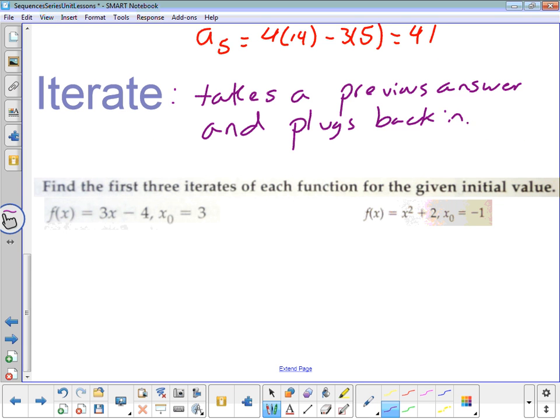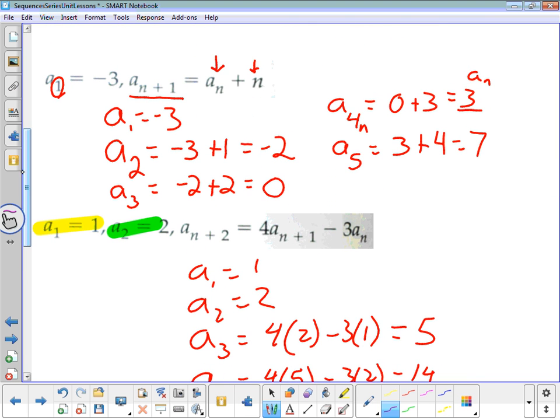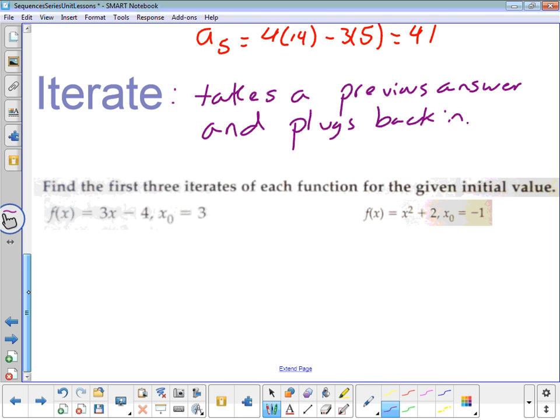So it's really a lot like what we did here. These were iterates, because all I do is take this number and plug it back into the formula that I had up above. But those got a little bit more complicated.